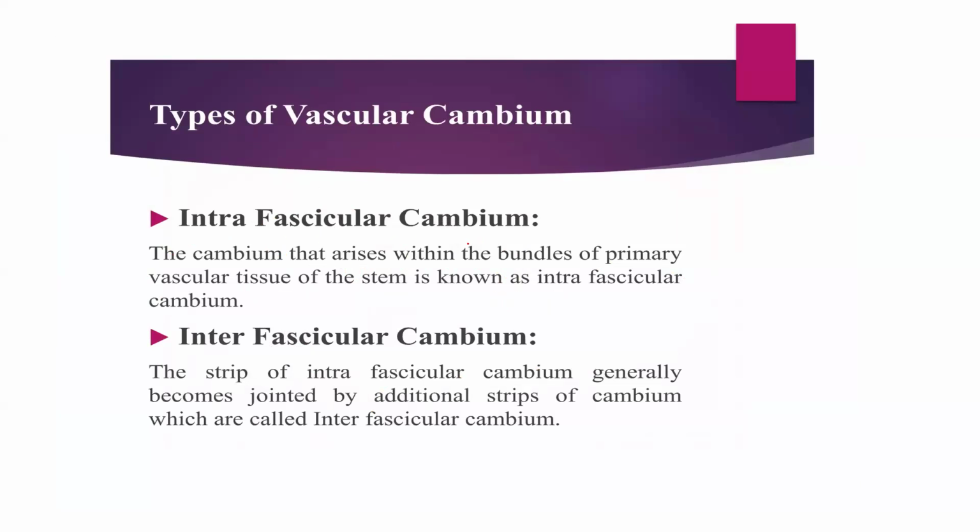Intervascular cambium: a strip of intravascular cambium becomes joined by additional strips of cambium, which are called the intervascular cambium. During growth, the intra- and intervascular cambium unite to form the cambial ring.